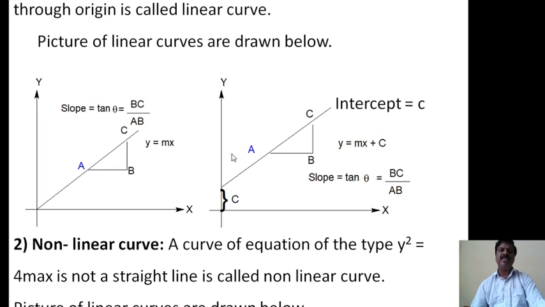Extrapolating is just extending, and this is called an asymptote. An asymptote is a tangential straight line that cuts the axis at infinity.